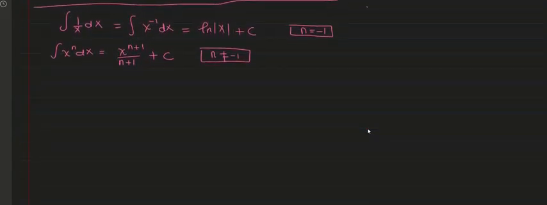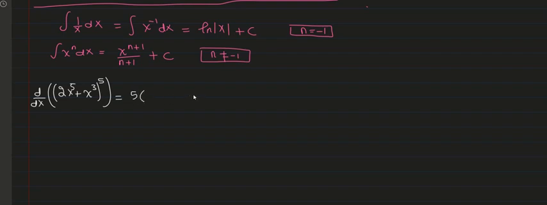a function now, not only a simple power of x. Remember when we have 2 to the power x power 5 plus x to the power of 3, all raised to the power of 5, and we need to get the derivative. Of course, we know the general power rule: we drop the power and then we subtract 1.